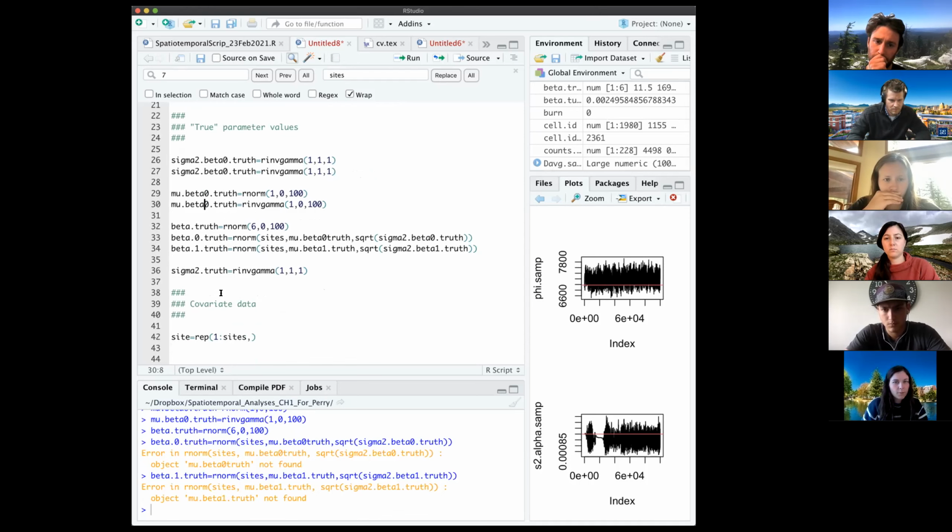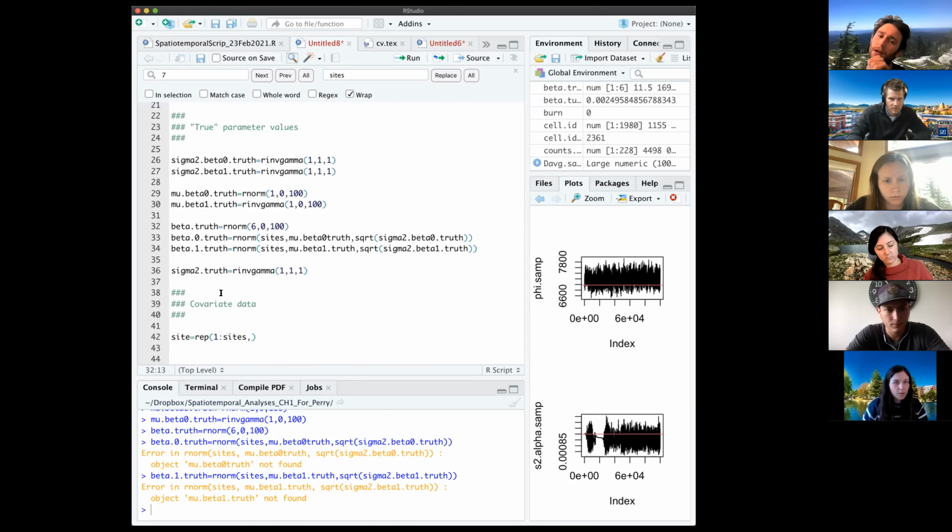There's no dot after the beta zero truth either. In beta zero truth equals beta zero dot truth. Where's that, Mia? Right in that line you were just on. It's mu dot beta zero dot truth.